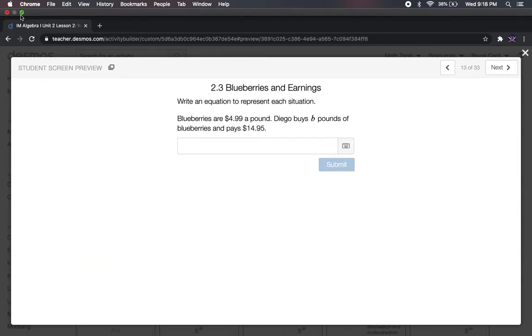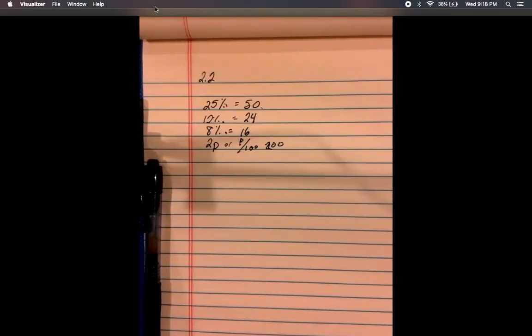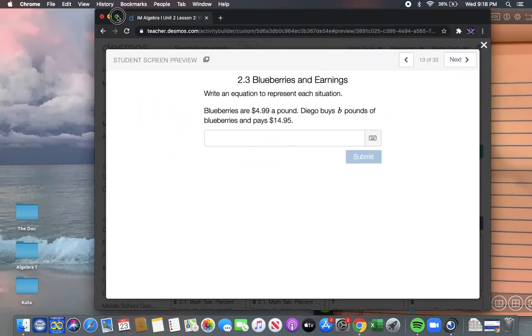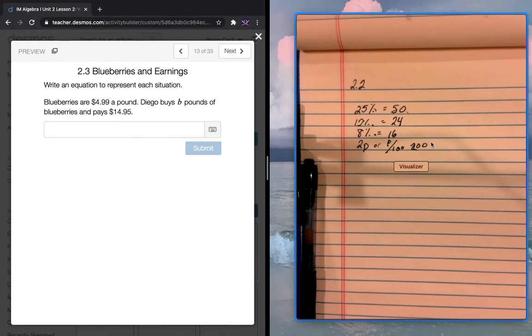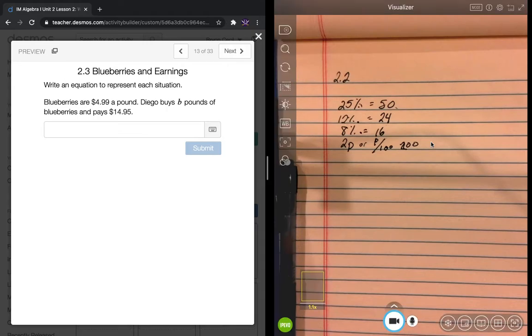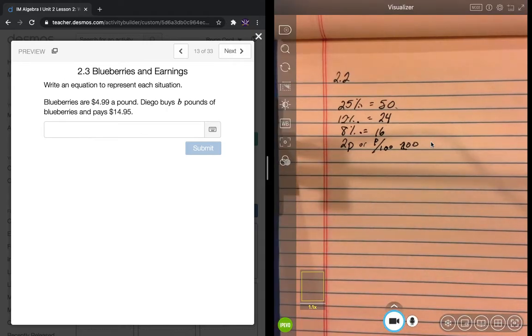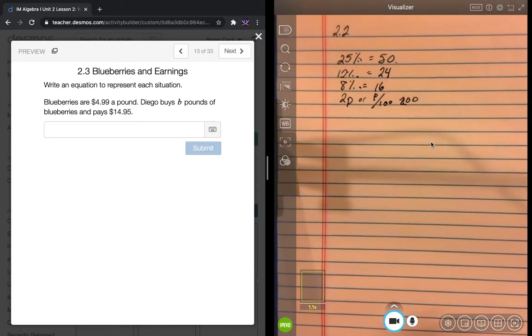All right, so let's do this. Let's go ahead and try to get split screens again so that we can write. Okay, write an equation to represent each situation. So we know that blueberries are $4.99 a pound.